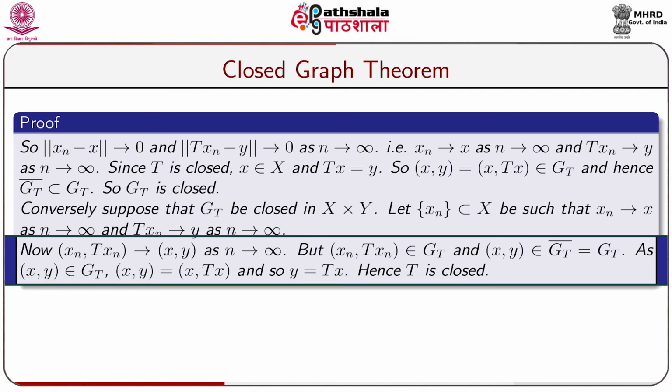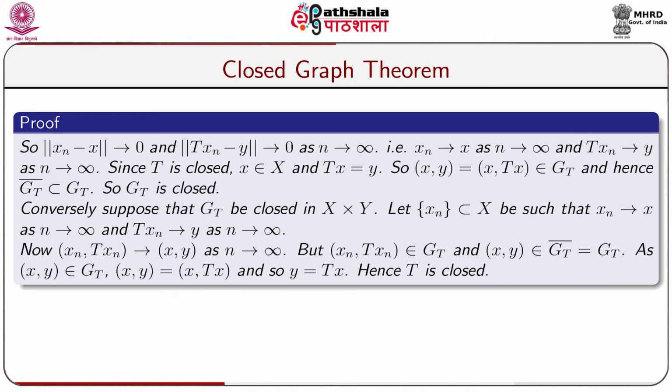Now the pair (xn, Txn) goes to (x, y) as n tends to infinity, but the pair (xn, Txn) belongs to G_T, and so (x, y) belongs to G_T bar. As G_T is closed, we can take G_T bar equal to G_T, and so (x, y) belongs to G_T, and so (x, y) is equal to (x, Tx), and so y equals Tx, hence T is closed.